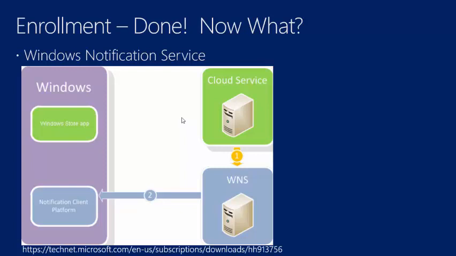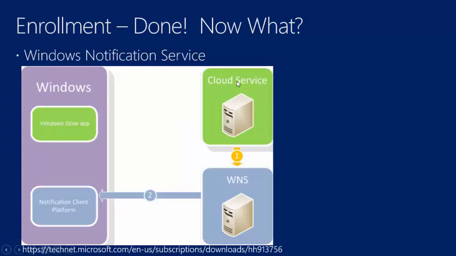The way this works is whenever you have a device that is enrolled in MDM, it will create what's called a Windows Notification Service channel. Essentially, it's a persistent connection between the managed device and a bunch of servers in the Microsoft data center called Windows Notification servers.